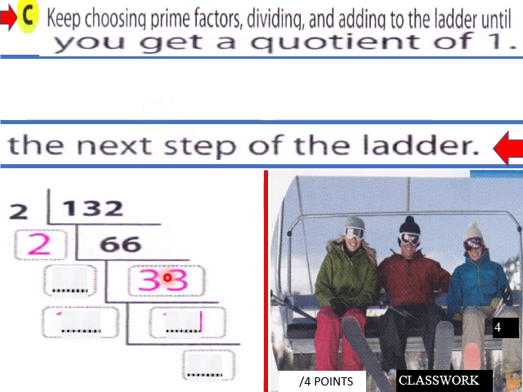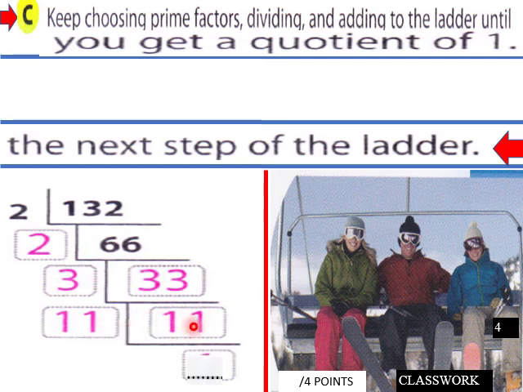So here's our ladder. Keep choosing prime factors, dividing and adding to the ladder until you get a quotient of 1. What is a prime factor of 33 would be the next question. It would be 3. 3 goes into 33 11 times. And then a prime factor of 11 would be 11.